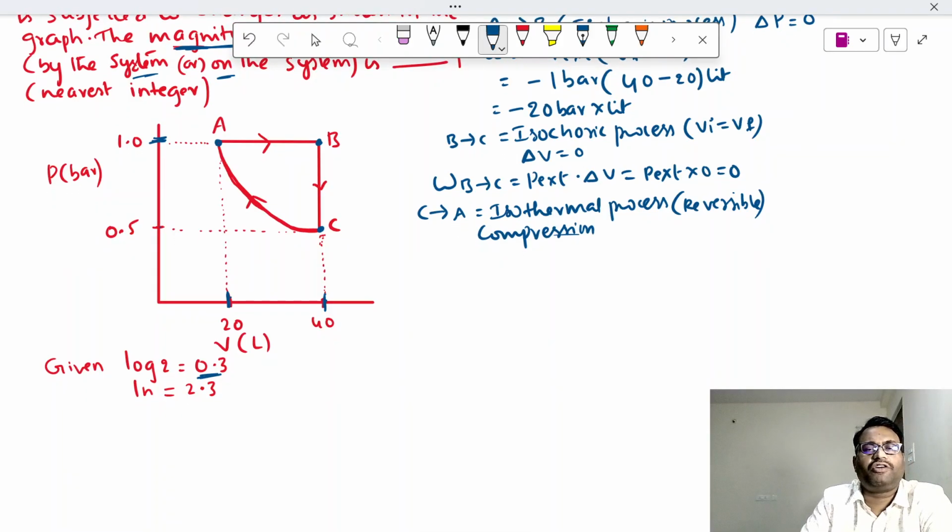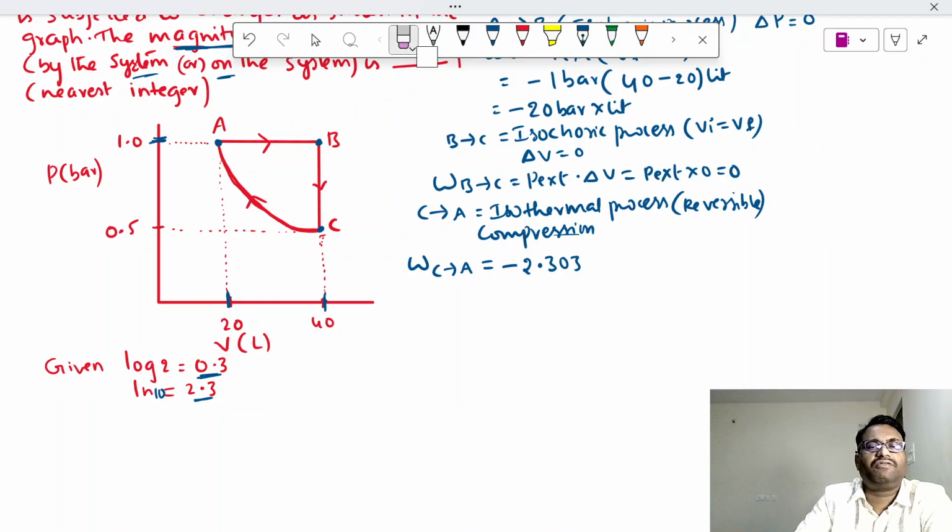So we have studied one formula to calculate work done for a reversible isothermal process. Work done in the reversible isothermal process C to A is equal to minus 2.303 nRT log V final by V initial. During derivation, we have studied that if log 10 is given as 2.303, then we have to take 2.303.